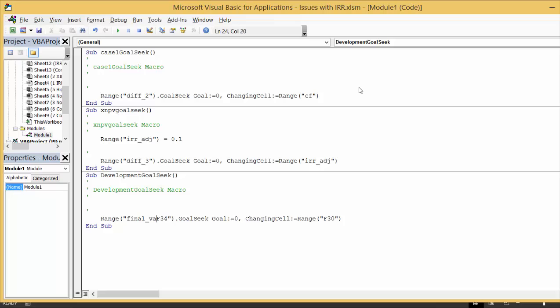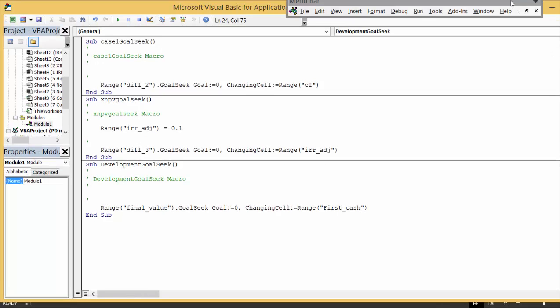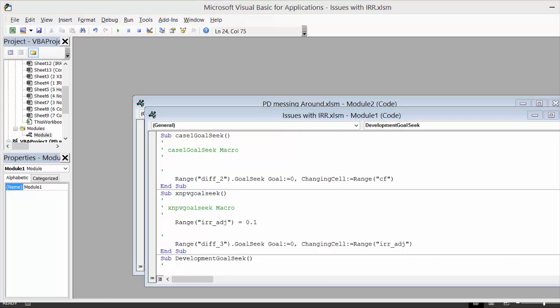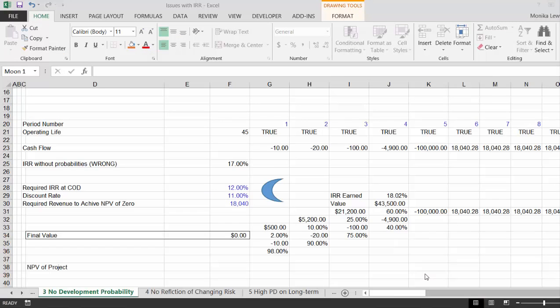I think it was by changing the first cash or something. Of course I don't remember that. Okay. Whoops, I can't do that. First cash, final value. Did I get it right?